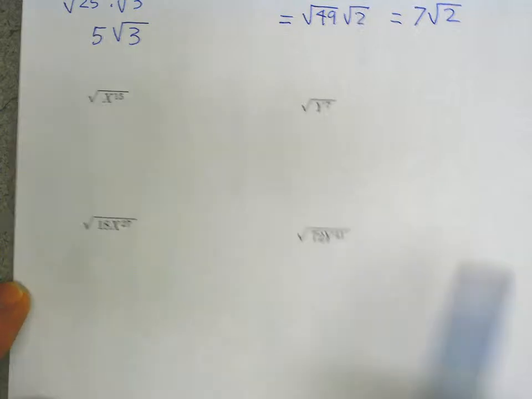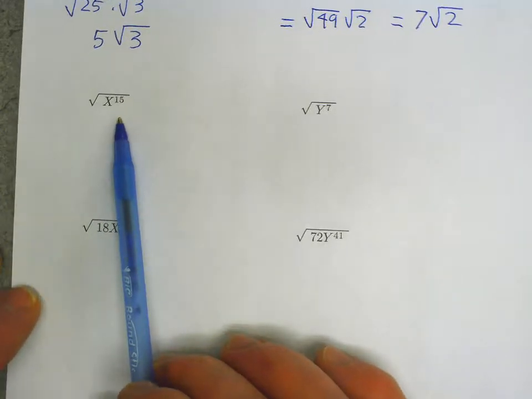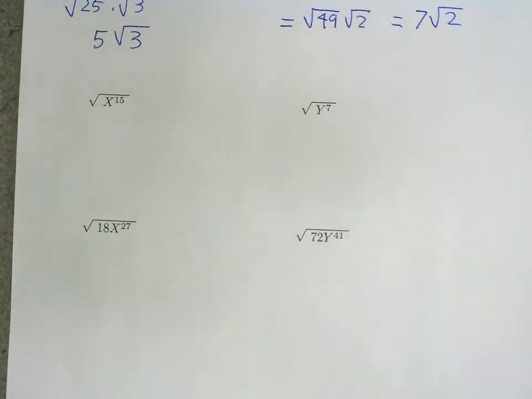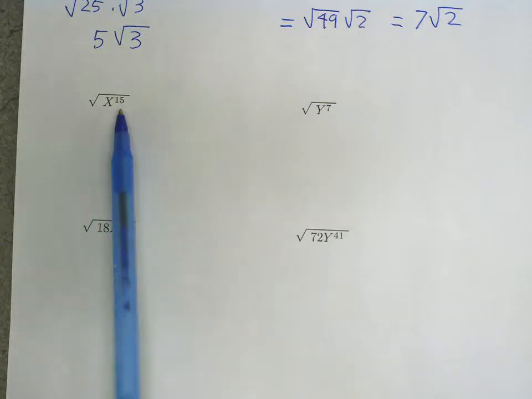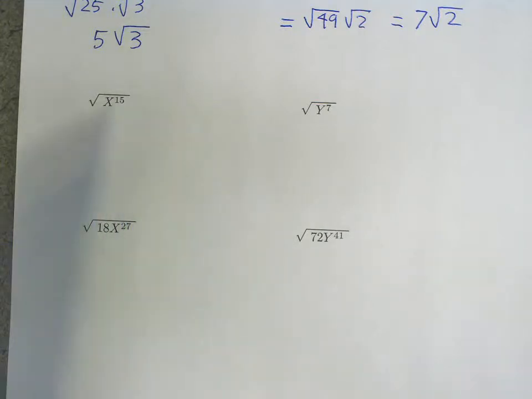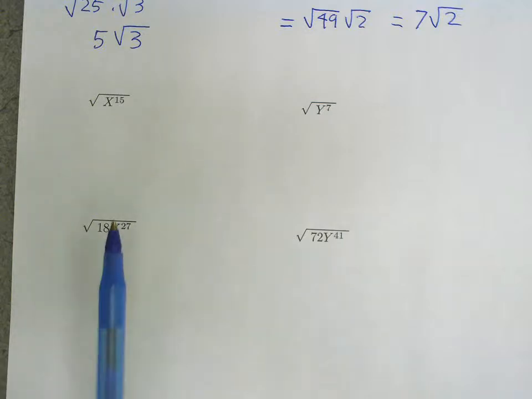Okay, with variables and exponents, we apply the same procedure. Remember that variables with exponents are perfect squares if the exponent is a multiple of 2, or if it's an even number.